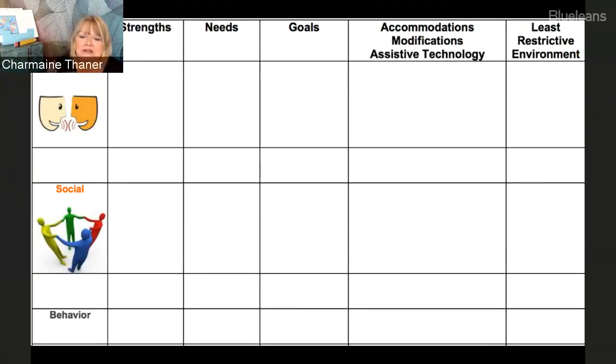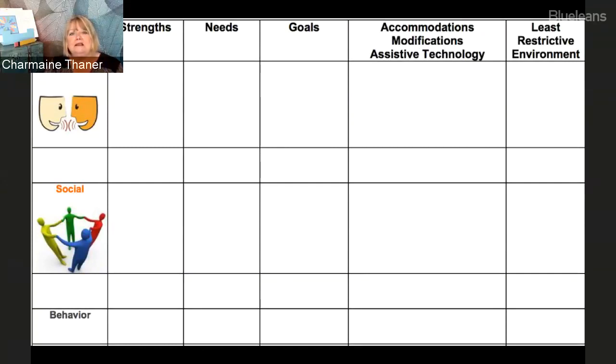So what you can do, if you get a draft IEP from your child's teacher, is just look at the draft IEP and plug in things that you see. So if your child has communication goals, plug in the strengths. Write that in the strengths box for communication.